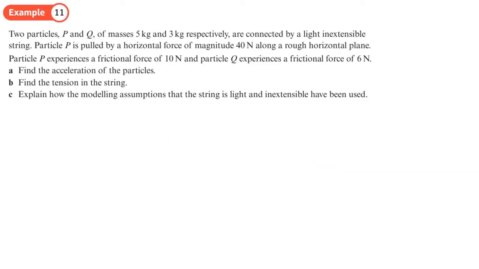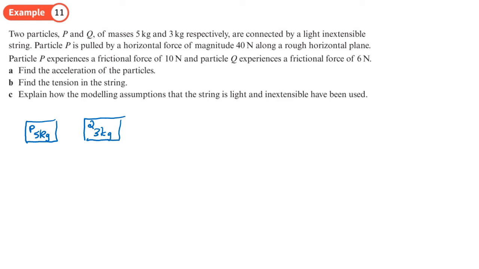Right, so we have two particles P and Q of masses 5 and 3 kg, which are connected by a light inextensible string. They're being pulled. So let's do a diagram like this. So we've got mass P, we've got mass Q. One is 5 kg, the other one is 3 kg.